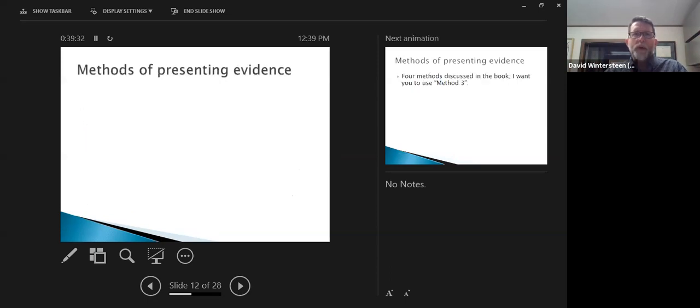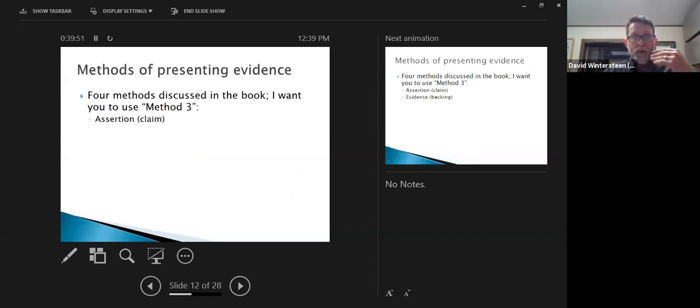Be that way. Okay, some methods for presenting your evidence. So the book talks about 4 different methods for presenting evidence, and I'm not going to talk about all of them. I just want you to use method 3, okay? And this is what it is. So when you're presenting evidence, you're going to make your claim, this is true.